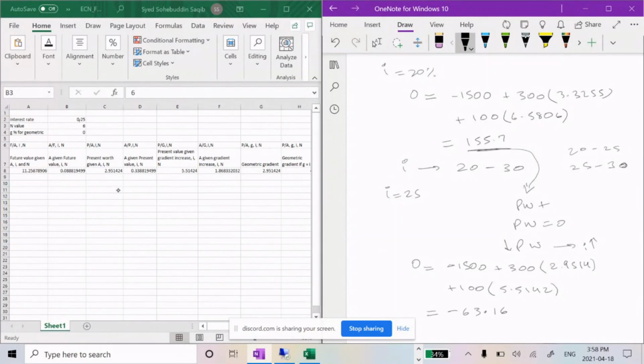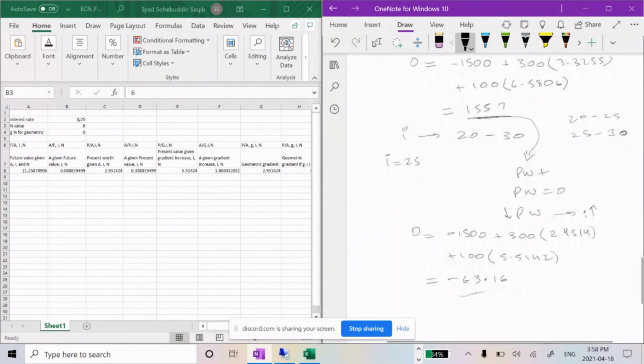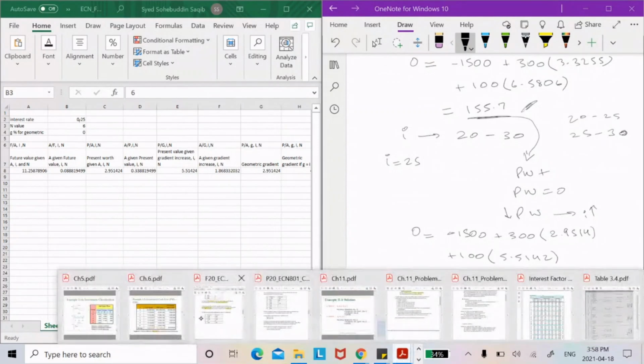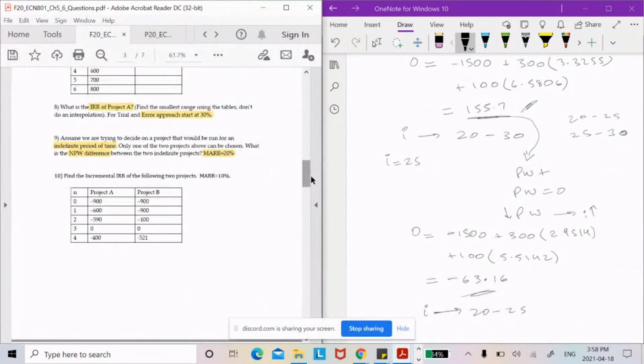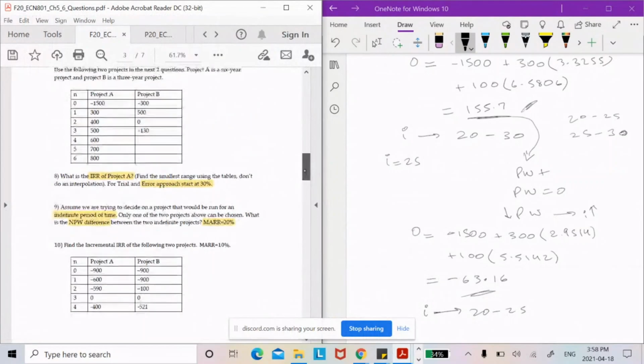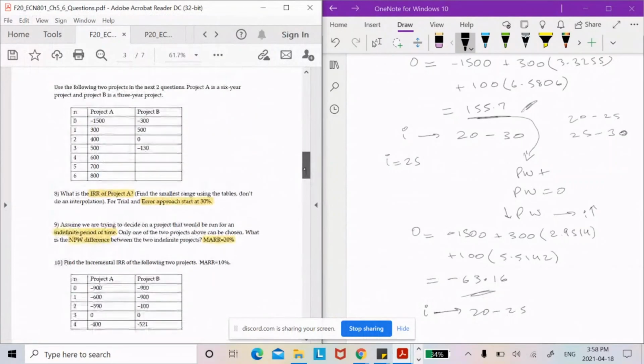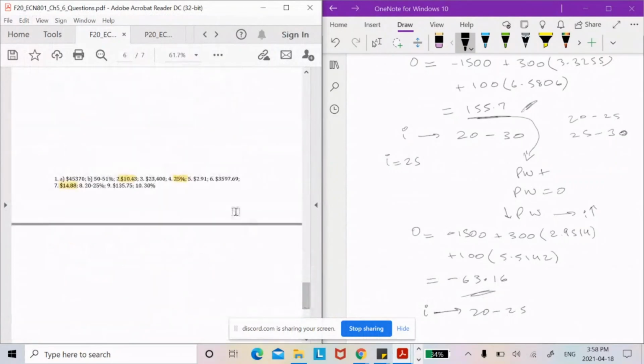So using 25%, you're getting a negative value. Using 20%, you're getting a positive value. That way, you know that the I is going to be between 20 and 25. This question gave us that option. They didn't put it here, but it's given later in the answer key as 20 to 25%.